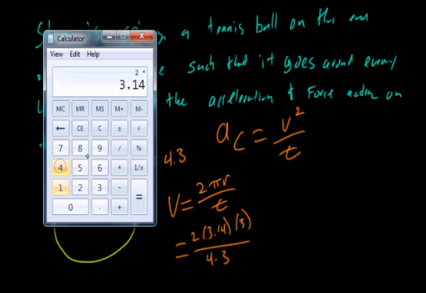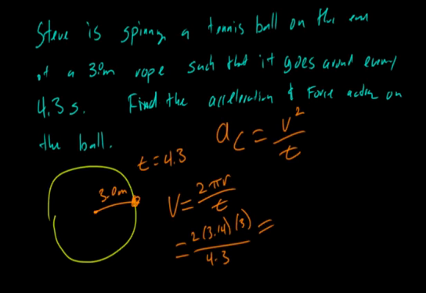Two times 3.14 times 3 divided by 4.3. So our velocity is approximately, what did that say? 4.4. So our acceleration then will be 4.4 squared divided by 3.0.